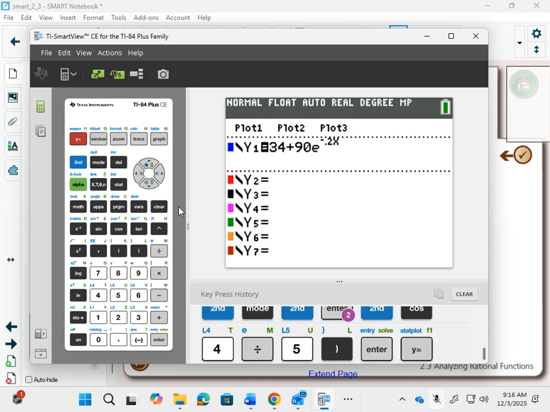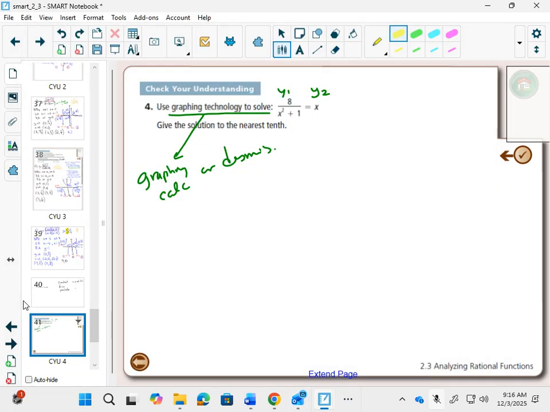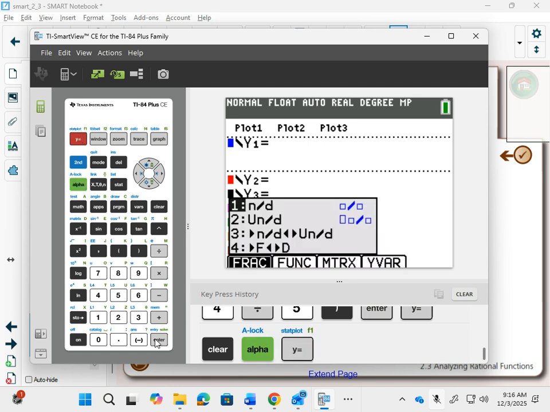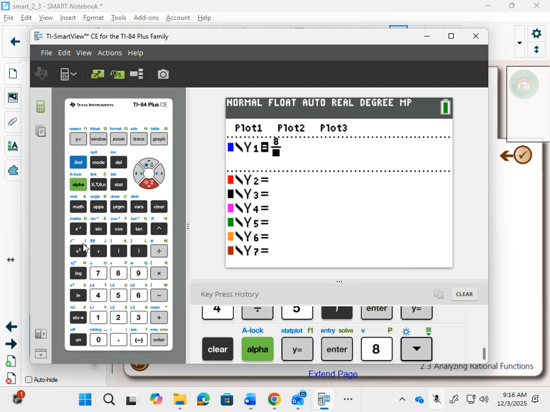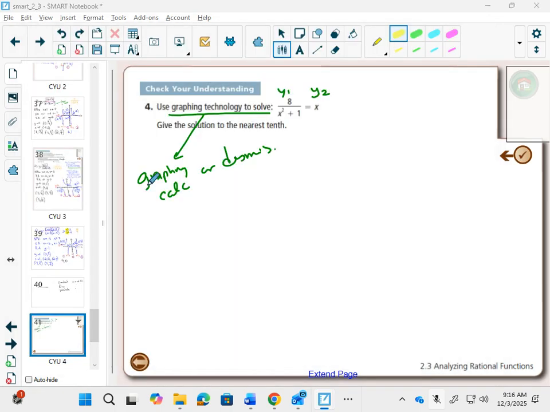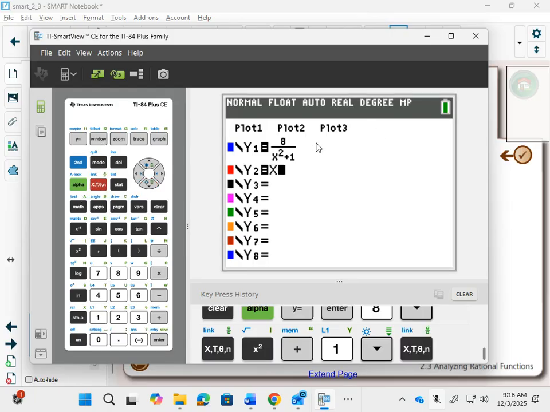I go to y equals, my one graph, 8 over x squared plus 1. And my second graph was just x.